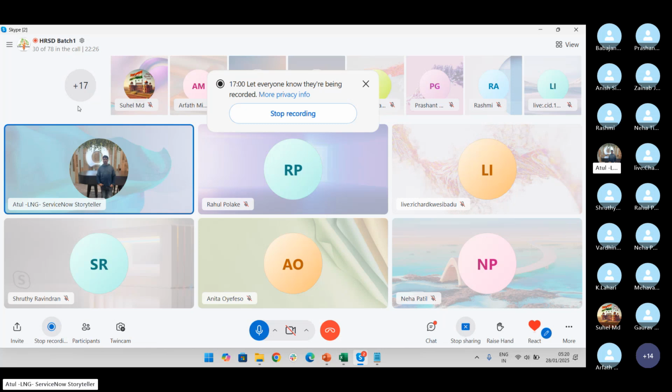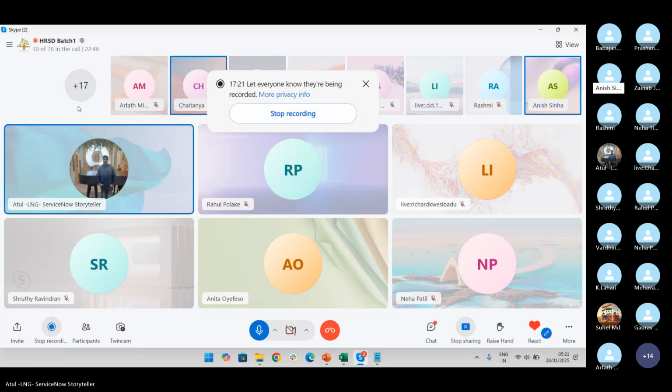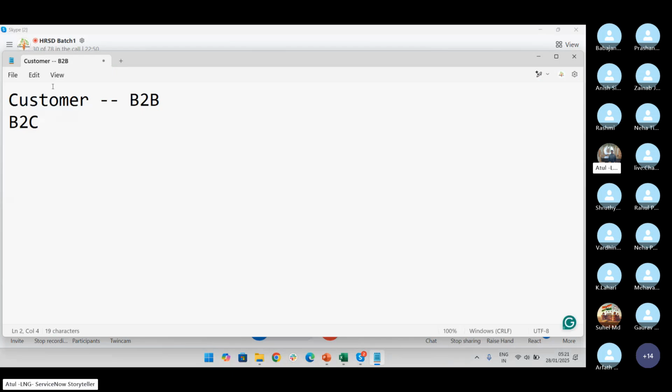She did not buy, but she gets the insurance from the company. Now who is the customer? Rashmi's company is the customer. Correct. That is called B2B.